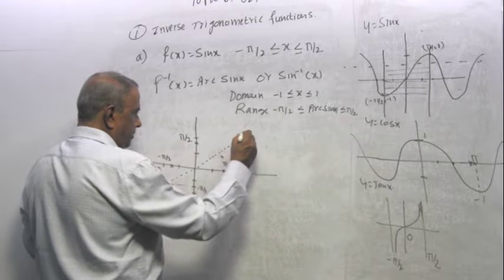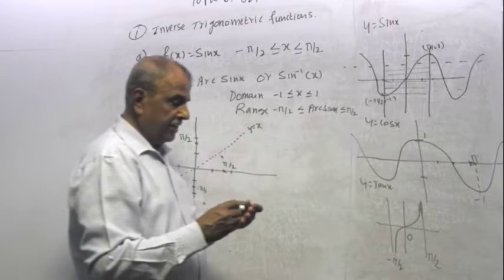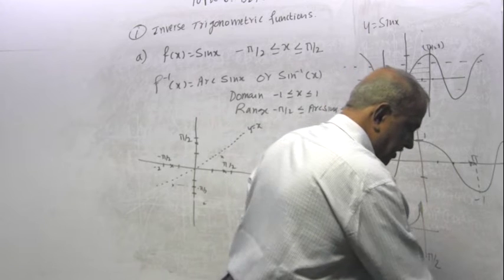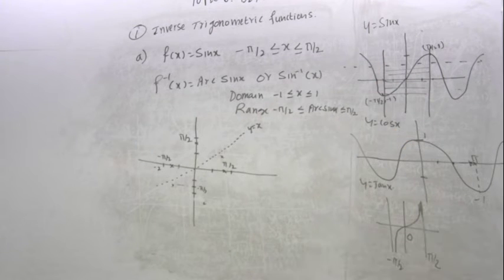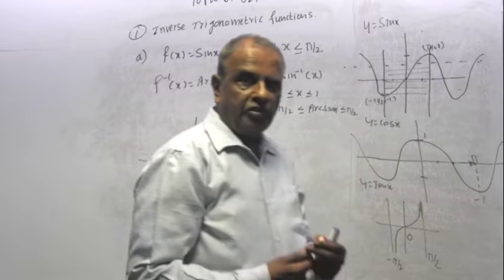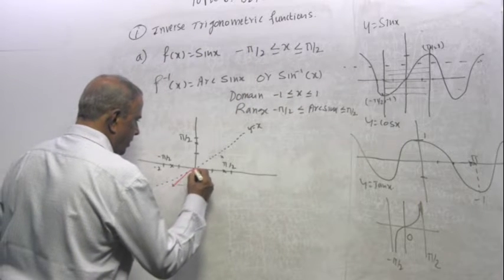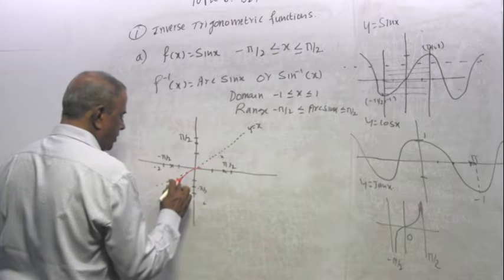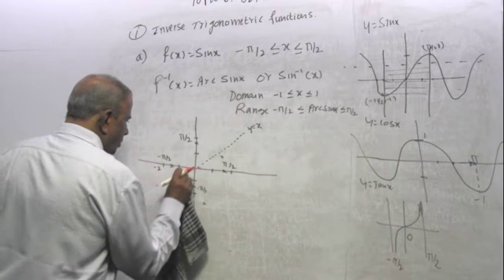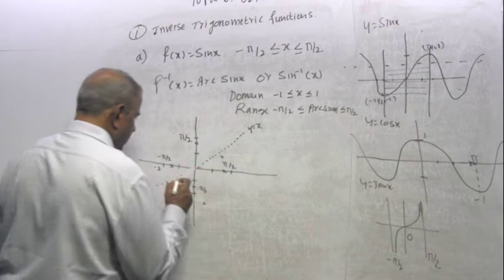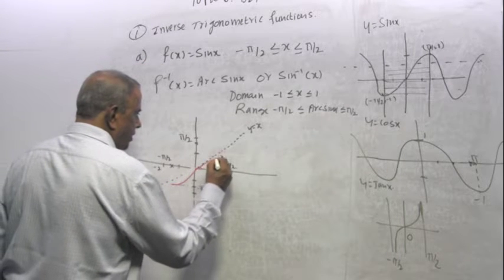I draw the line y equal to x. Remember, a function and its inverse are reflections of each other in the line y equals x. So let me draw sin x here. Oops! No! What did I do? So this is the graph of sin x.